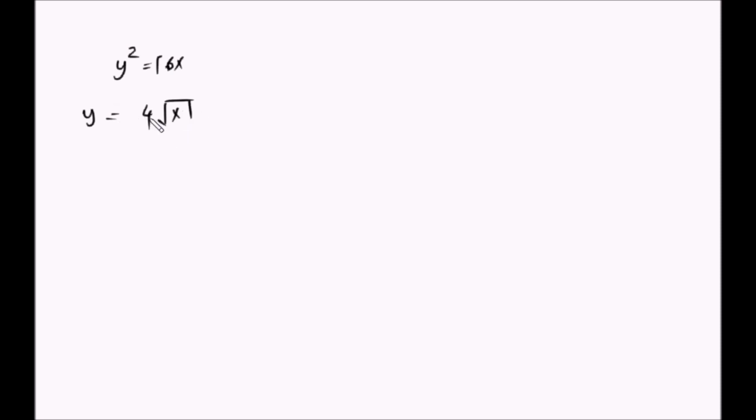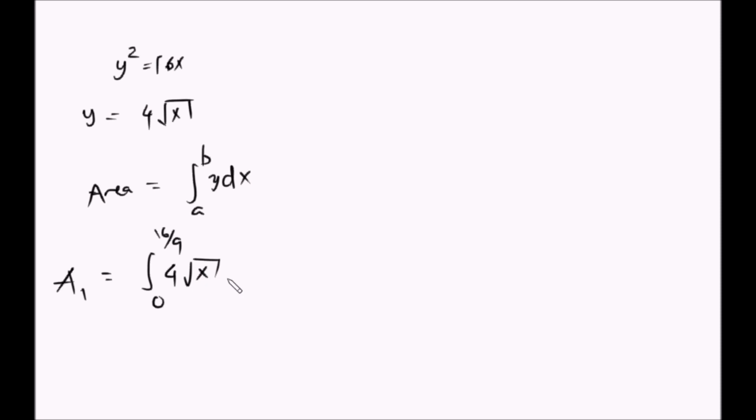Hiyo hapo. So nikiweka sinajua area ni sasana a b y dx. So nikisema area yangu niite A1 ni a tumesema ni 0, b tumesema ni 16/9, afu nikaweka hiyo 4 the square root of x dx.